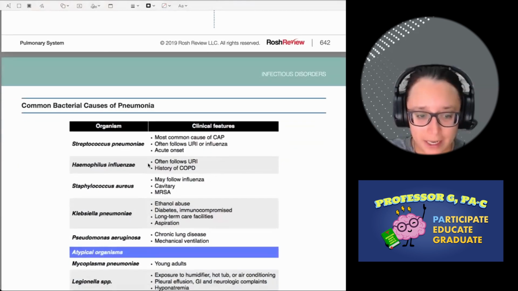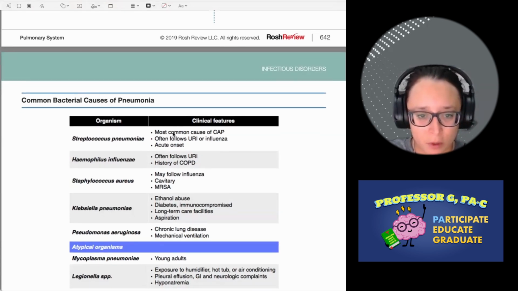Here's a nice little slide, again, just summarizing. If you see questions on pneumonia, they're usually going to be really obvious which type of bug they're asking about, because they have to give you something. They have to. So again, strep pneumo, most common, acute onset, typical presentation.